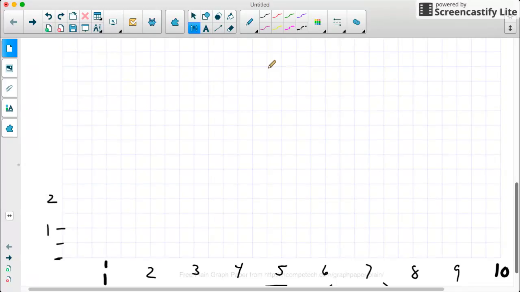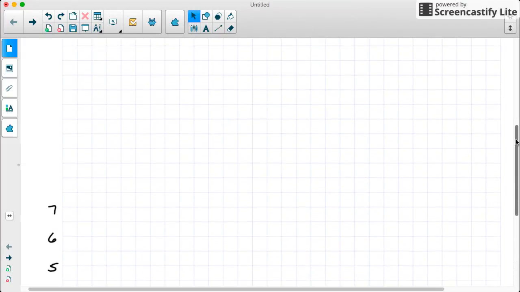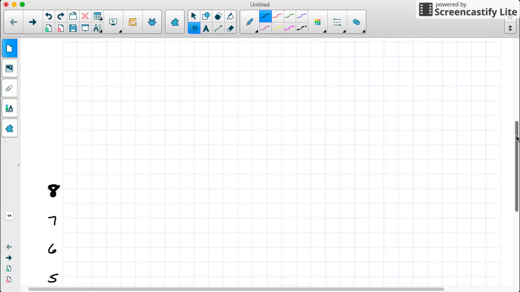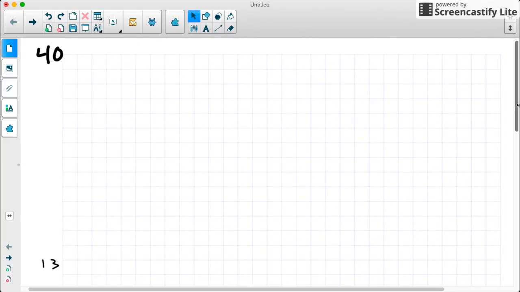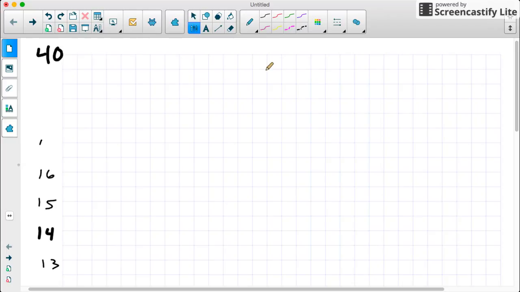This would be 2, 3, 4, 5, 6, 7, and we got to keep working up. 8, 9, 10, 11, 12, 13, 14, 15, 16, 17, 18, 19, and our very, very last line there would be 20.